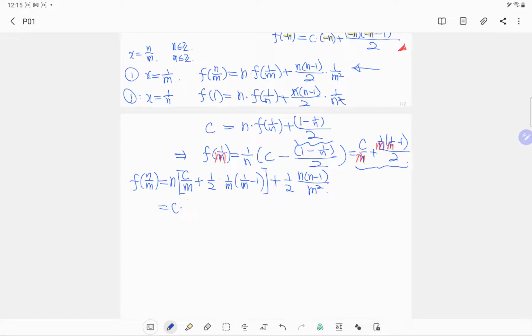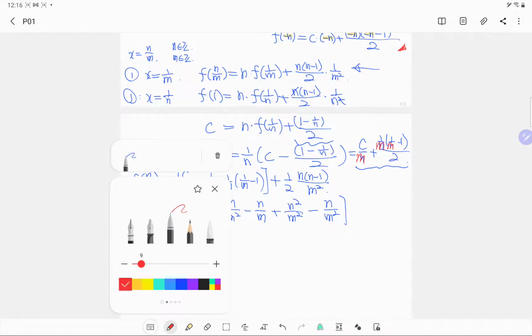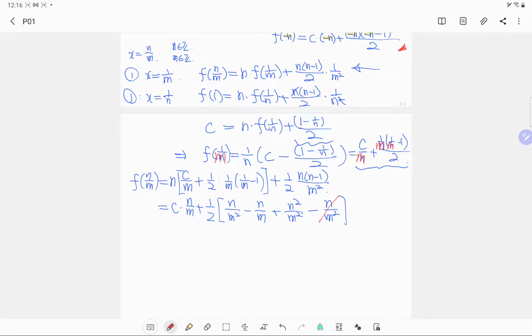We have c times n over m plus 1/2 times (n over m squared minus n over m). So for the first two terms, and then for the second two terms, we have plus n squared over m squared minus n over m squared. So we can make some cancellation, cancel this term and this term.